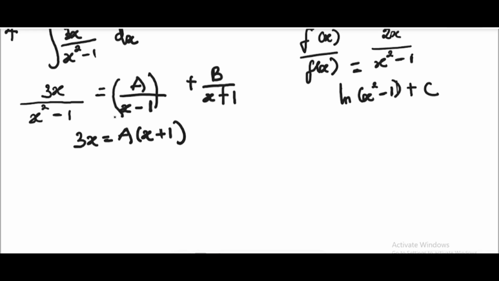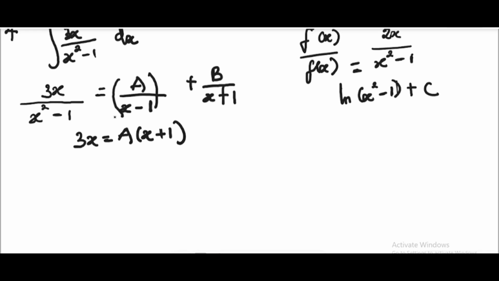Okay, so comparing the coefficients, I have 3x here, so the coefficient of x here is 3. So let me mark those that have the coefficient of x. Okay, so I have a plus b to be equal to 3.